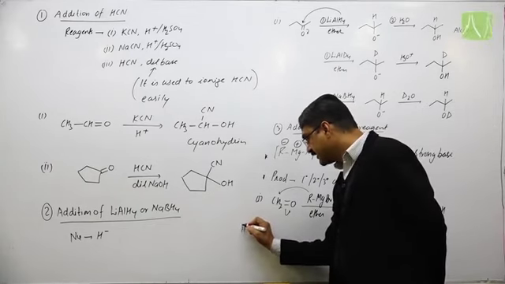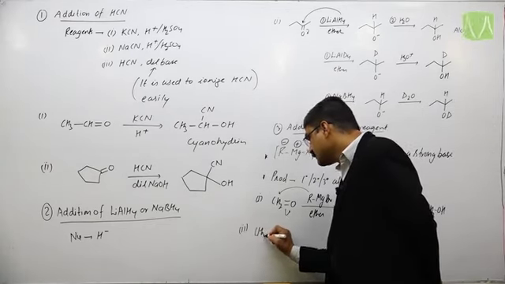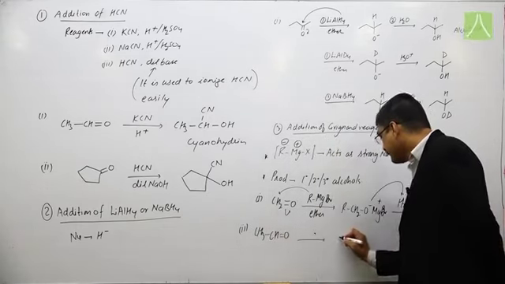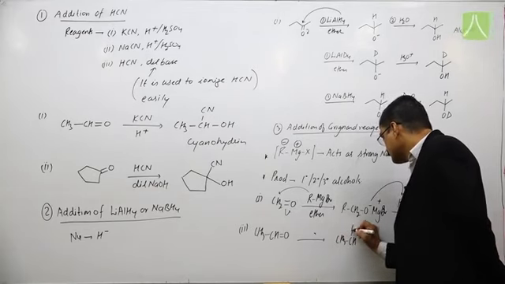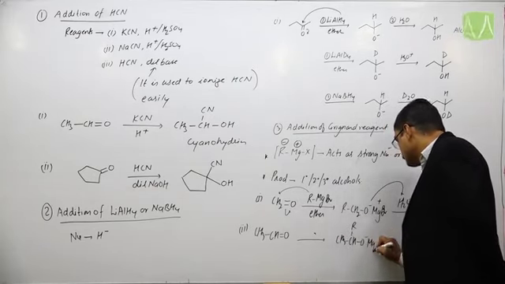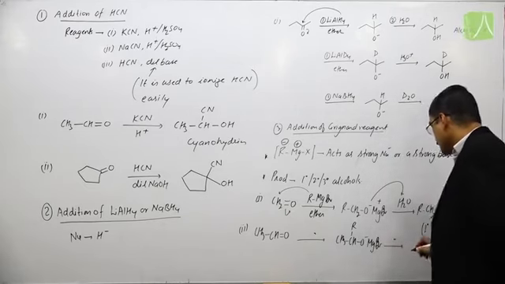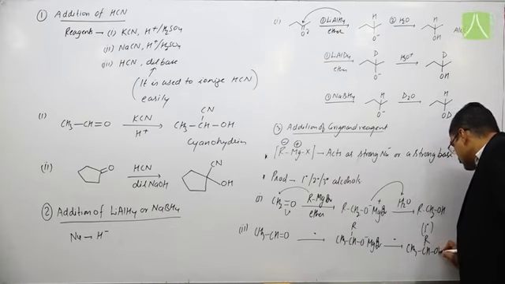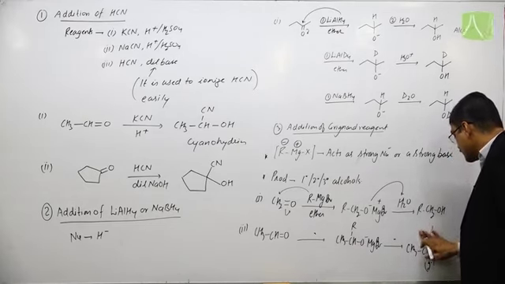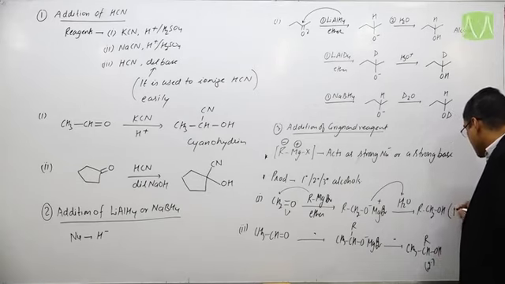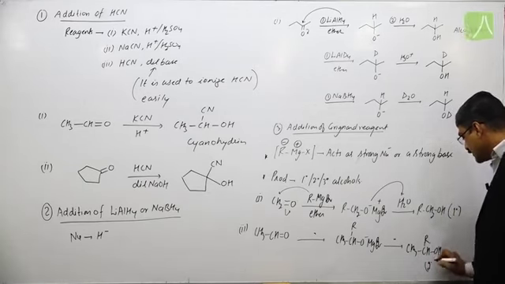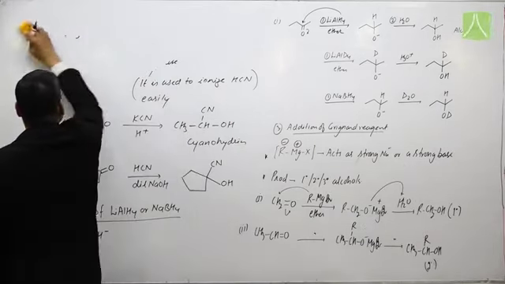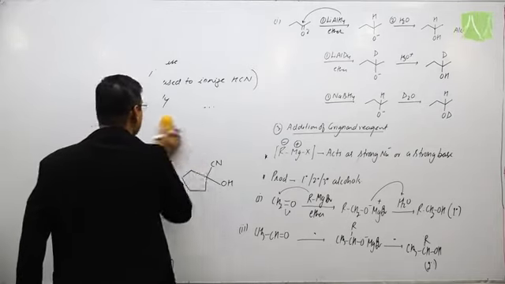Suppose I take any other aldehyde, suppose CH3CHO. So by the same reaction, 2 degree alcohols are obtained. So formaldehyde gives 1 degree alcohol, but other aldehydes give 2-degree alcohols, and ketone gives 3-degree alcohols by addition of Grignard reagent, because the Grignard reagent has one alkyl group also.